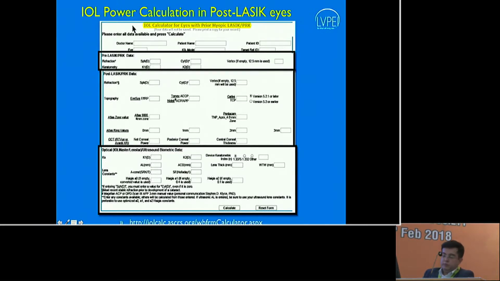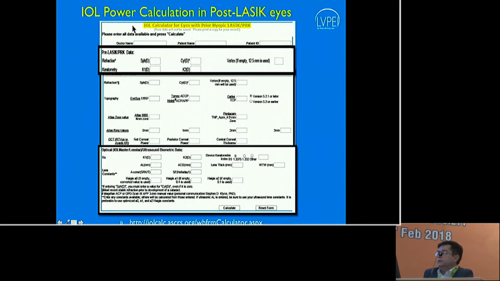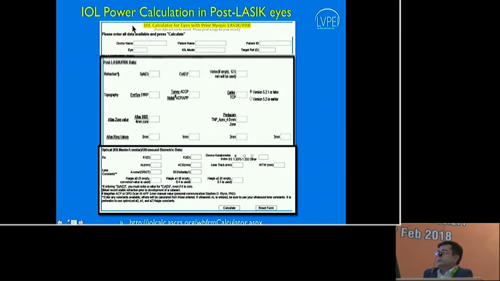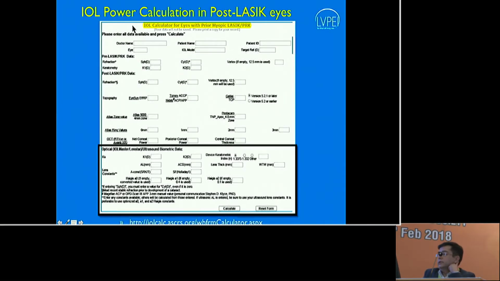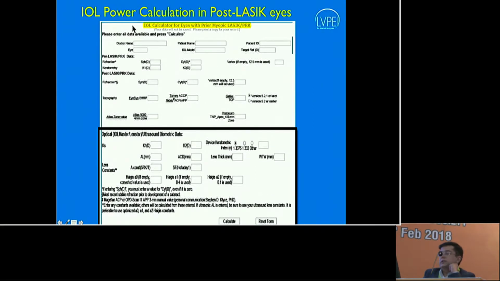If you have pre-LASIK data you can enter that; if you don't have it, it does not really matter. You can enter the post-LASIK data. In this situation, we entered the current keratometry, which we took from the Pentacam or the Oculyzer, and then the anterior chamber depth and the axial length.